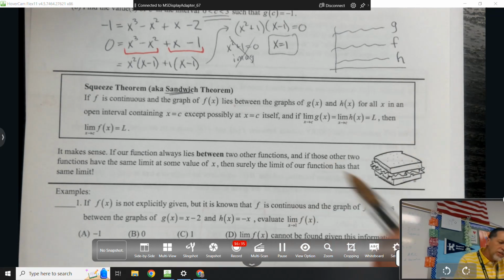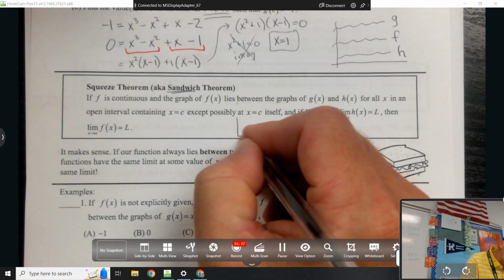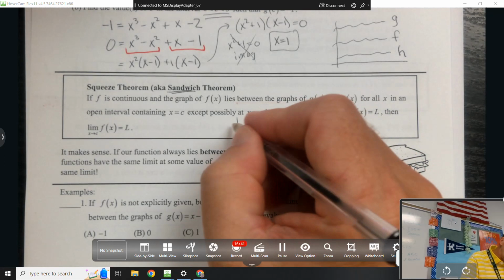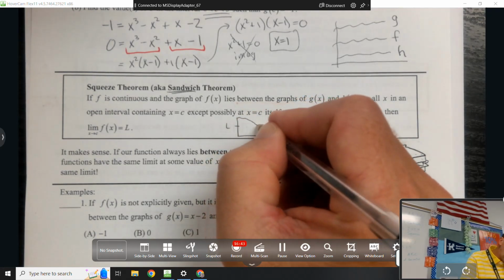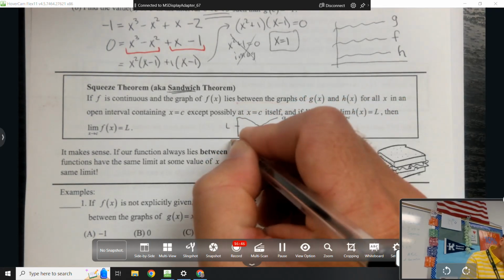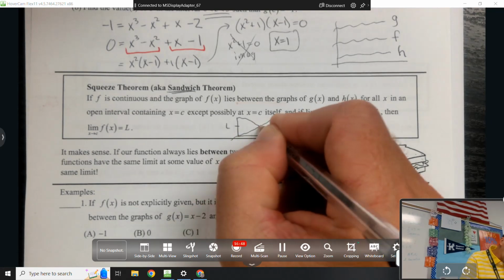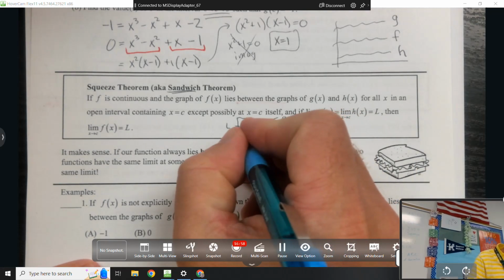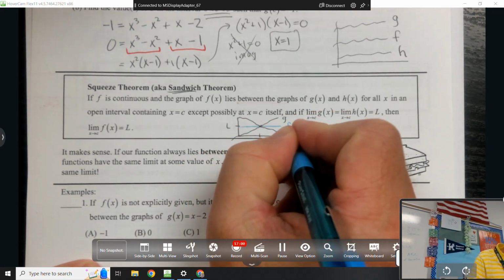Okay, so that picture doesn't really work anymore. I'm going to draw a new picture. At c, g goes to L, and h goes to L. And f is sandwiched, or in this case, squeezed in between there.